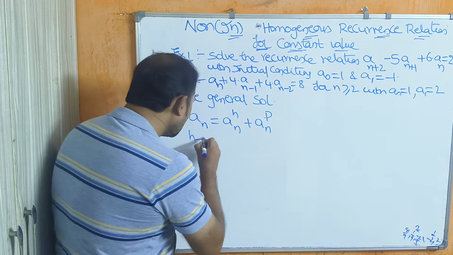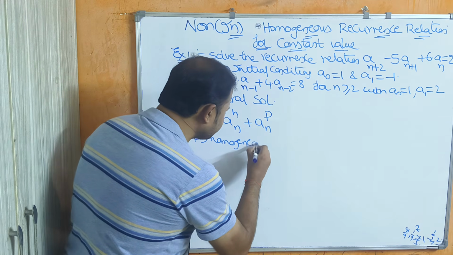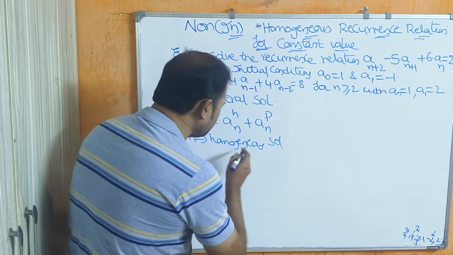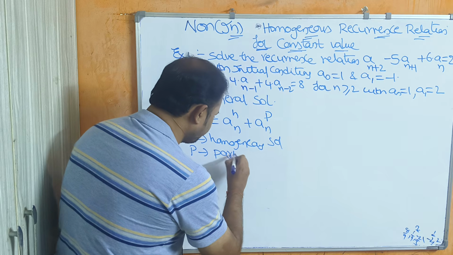H means homogeneous solution, whereas P means particular solution.